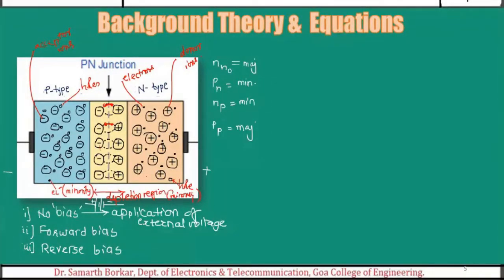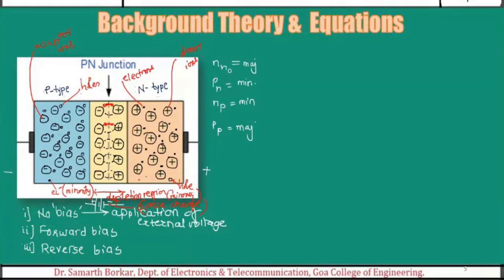Okay, important concept, a depletion region. This is also referred to as space charge region. Now, we have discussed that an atom is electrically neutral, meaning what? The number of electrons is equal to the number of protons. Silicon has 14 electrons and 14 protons, so it is electrically neutral.